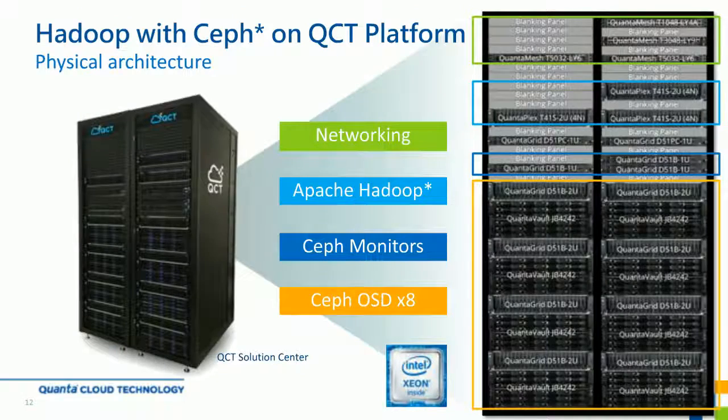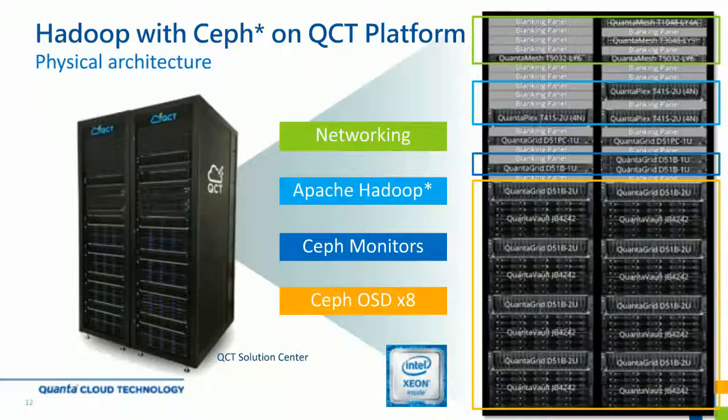Then you come to the Quanta Grid D51B 1Us. There are 3 of them. These are 1U servers that we use as the Ceph monitors. The other servers, the bottom 8 of them, are the D51B 2Us with JBODs with 24 drives.